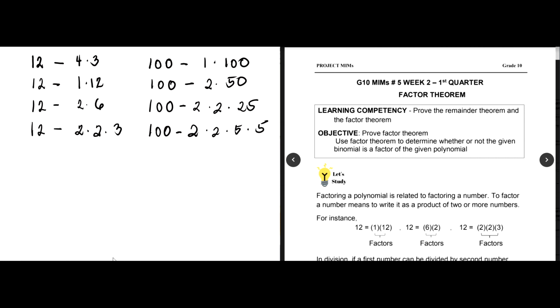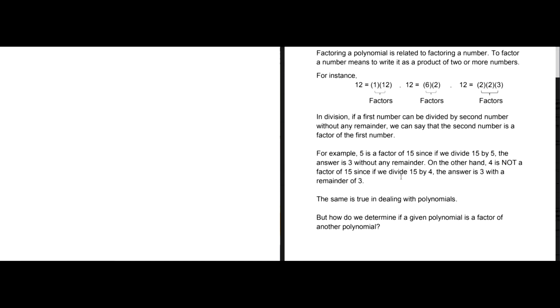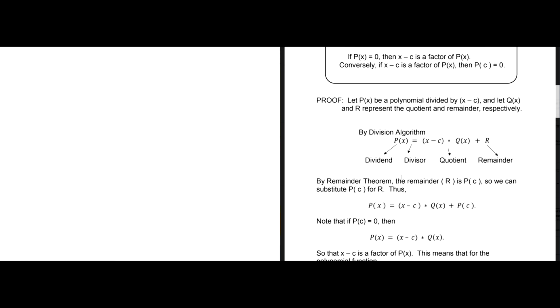But this time, what we will factor are polynomials. We want to know if a certain binomial is a factor. This is the explanation of the factor theorem: if p of c is equal to 0, then x minus c is a factor of p of x.